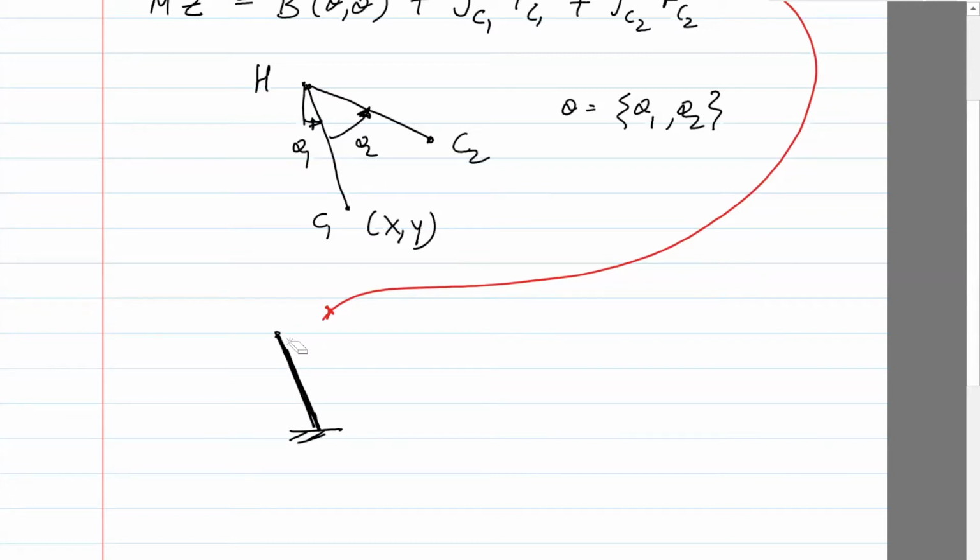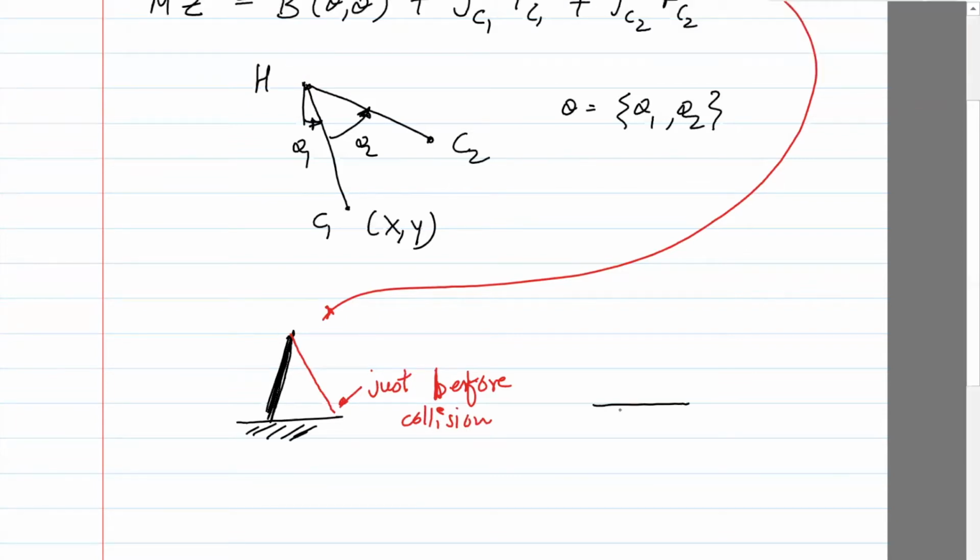Sorry, the black should be behind, so let me draw it this way. And then let me draw the red one to show the swing leg. So this is just before collision.